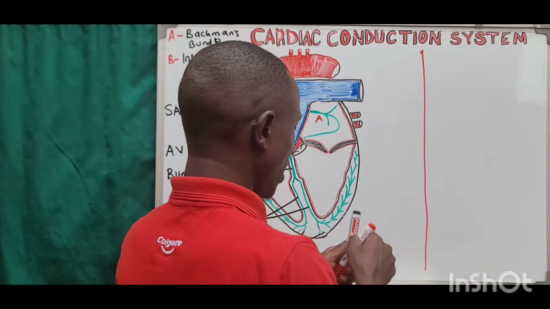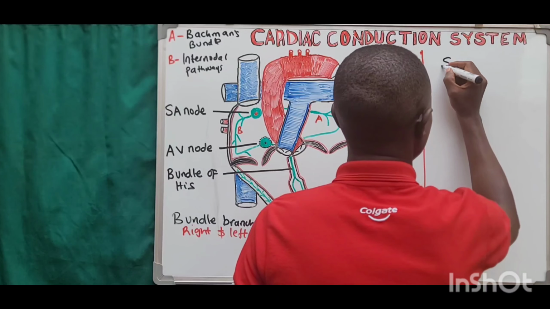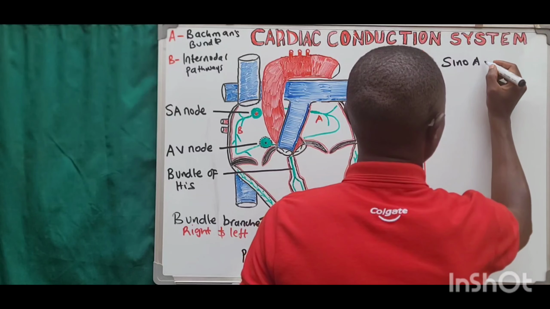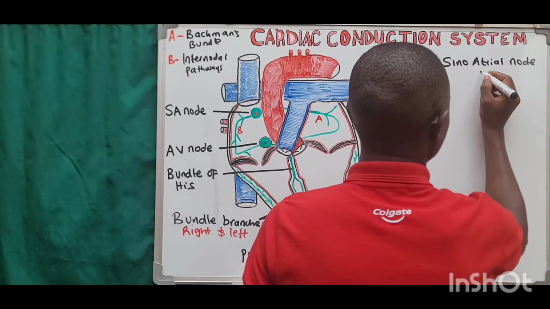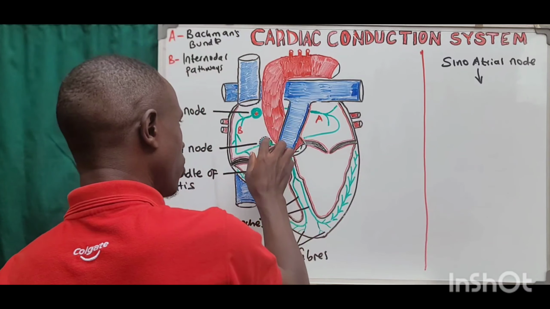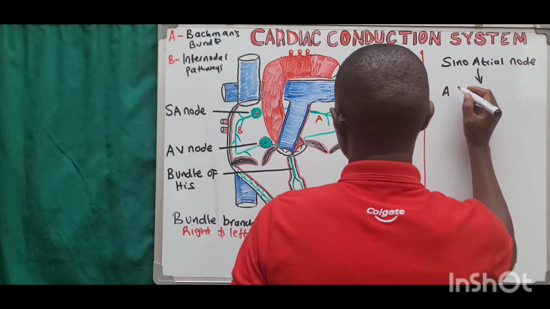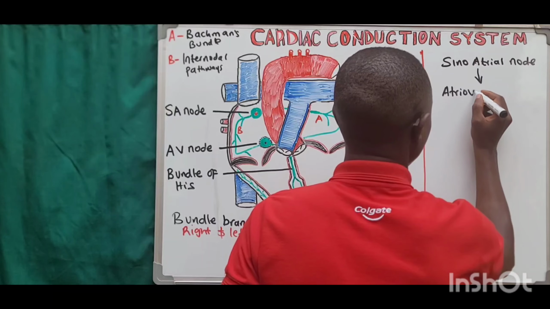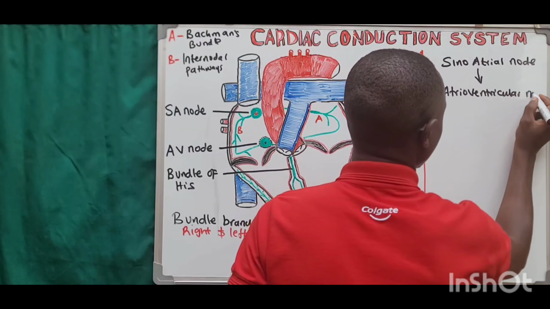We said that the action potentials are going to be starting from what we call the sinoatrial node. Okay, from the sinoatrial node, we are going to be seeing that these electrical messages will come and meet what we call the atrioventricular node.